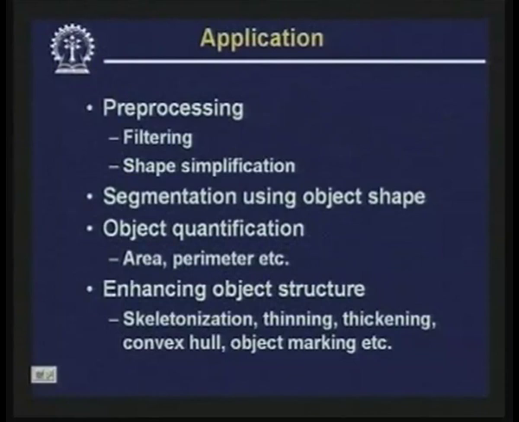So, these are various applications, and one simple application I have shown earlier. Another application of mathematical morphology is in pre-processing of images, that is, in filtering. The example that I have just shown is nothing but a filtering operation, because all the black patches present in the segmented image arise because of the presence of noise, and by morphological operation we are eliminating the effects of that noise by using morphological filters.